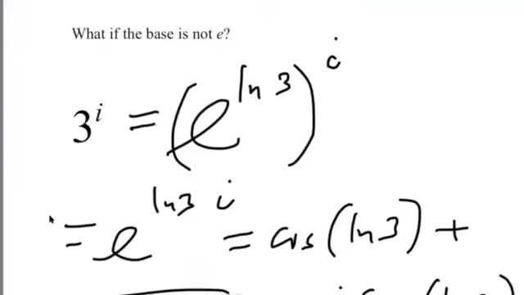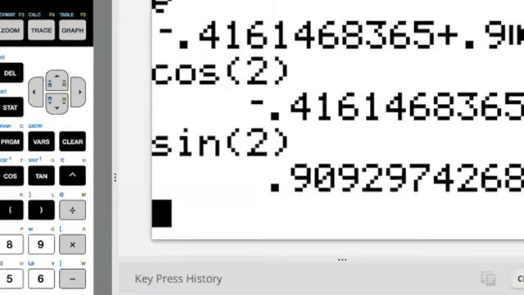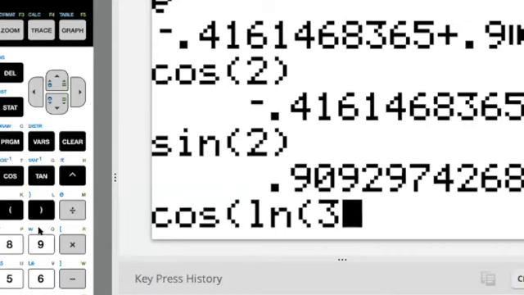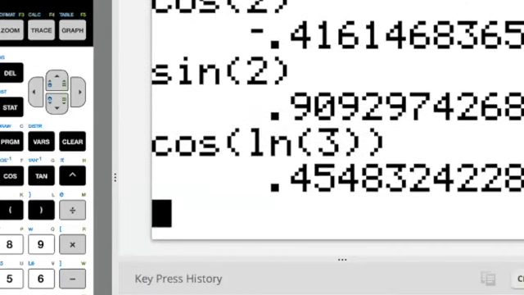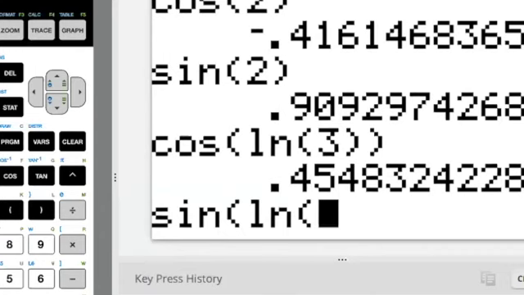If you type into your calculator, in fact, I am going to switch over to the calculator to show that. So if I come back over here and I say cosine of ln3, I'm going to get the 0.45 from before, and sine of ln3 is going to get me the other number.